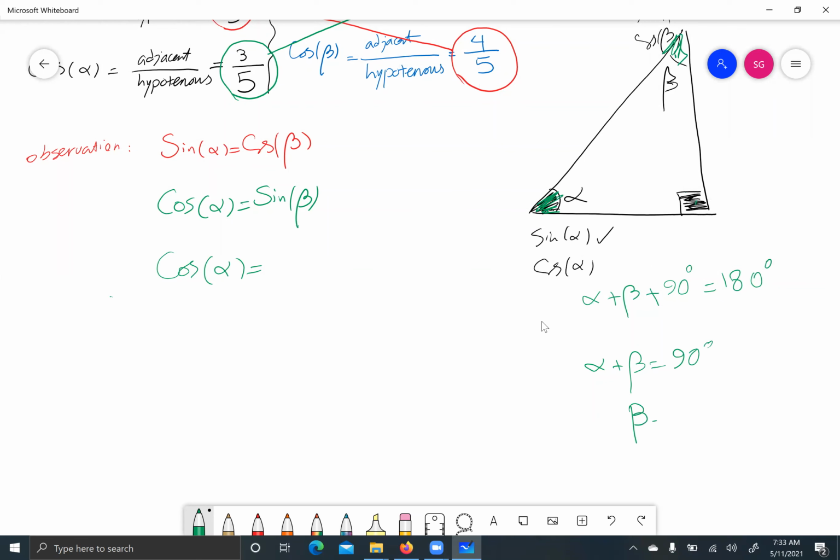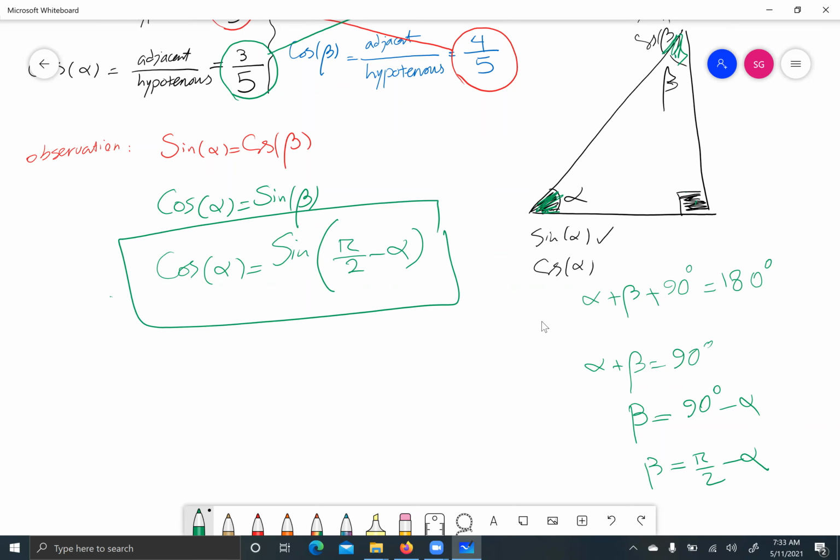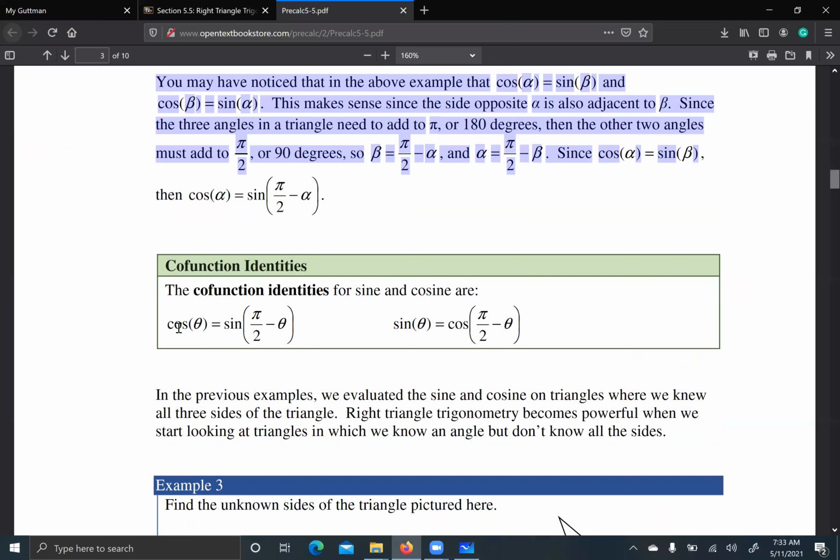So if you want to solve it for beta, that's gonna be 90 minus alpha, or in other words, pi over 2 minus alpha. So instead of beta, I can rewrite it in terms of alpha. It's pi over 2 minus alpha. So there we go. Here we got one identity: cosine of an angle is sine of pi over 2 minus that angle.